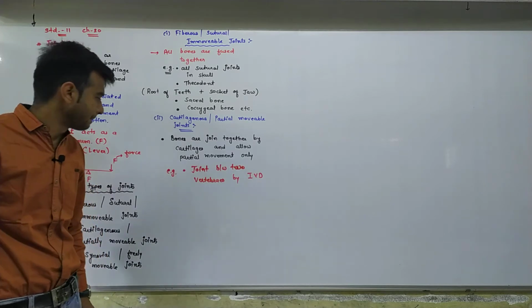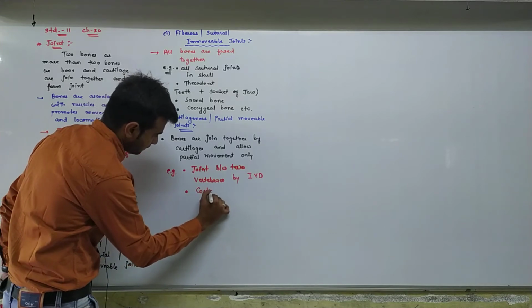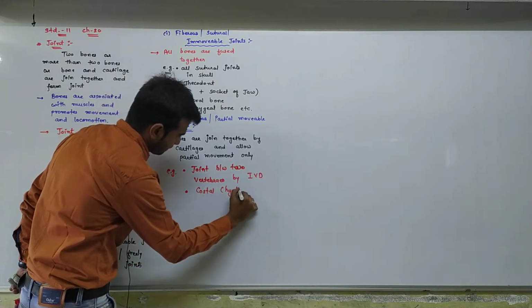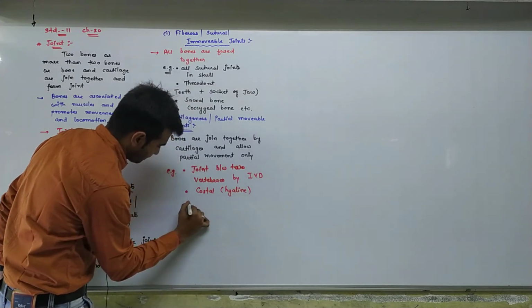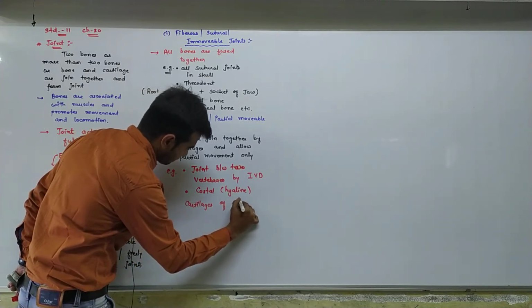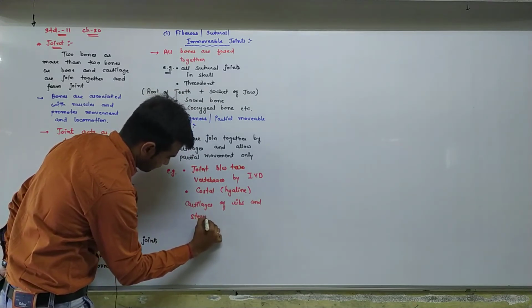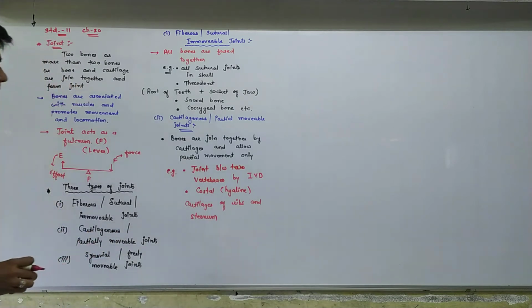Also all the costal cartilages of ribs and the sternum allow partial movement, for example rib cage movement.